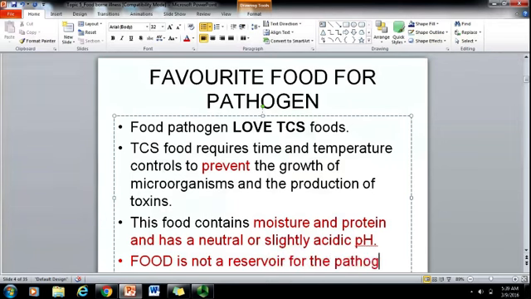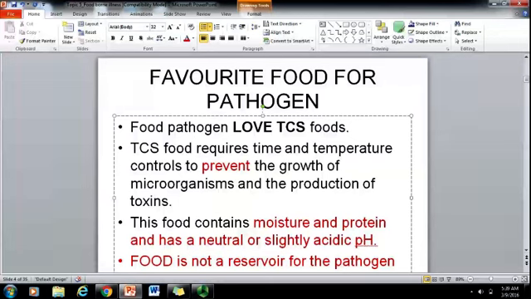Okay, so food is actually a vehicle for these pathogens. What does it mean by vehicle? Vehicle means it is a transport for these pathogens to be transmitted into the human body. Okay, so food is acting as a transport.